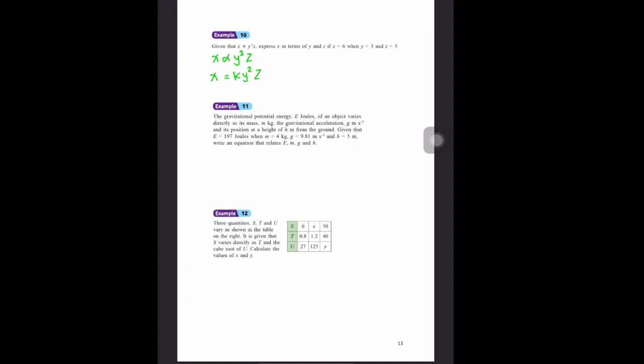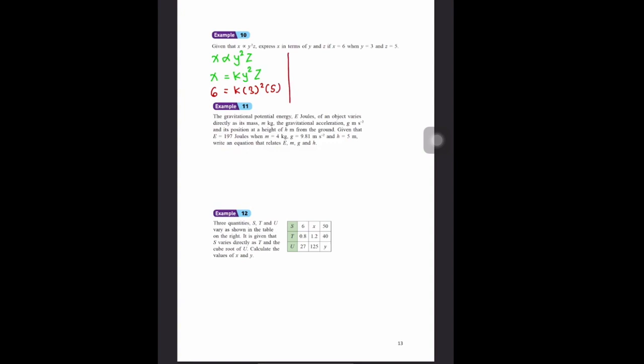Then, like the previous one, we need to find the value of k first, by substituting the given values of x, y, and z. So x is 6 equals k, y is 3 square, z is 5.